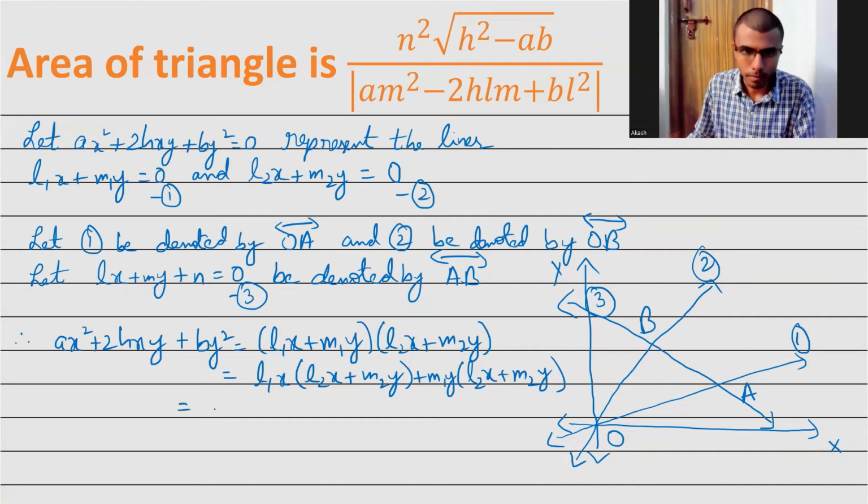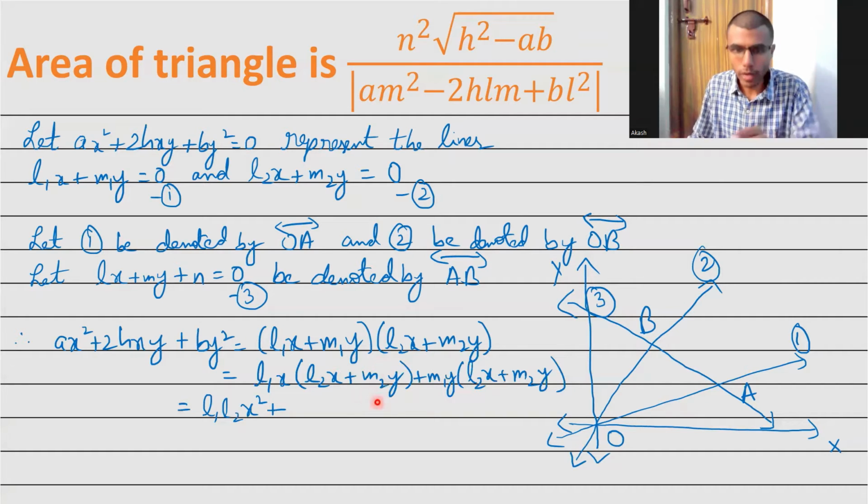Now L1x into L2x is nothing but L1 L2 x square. L1x into M2y is going to be L1 M2 xy. I'm just rearranging it so that it's like the L or M and then the variable.